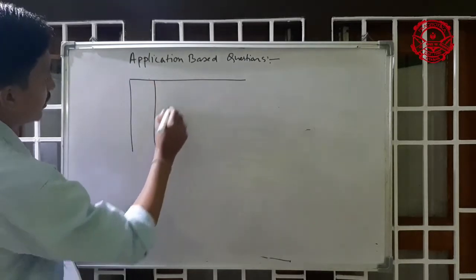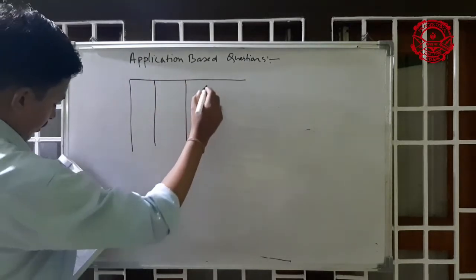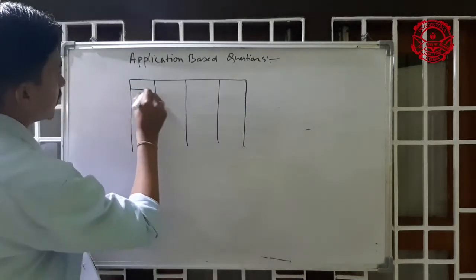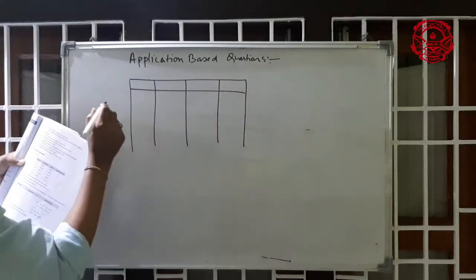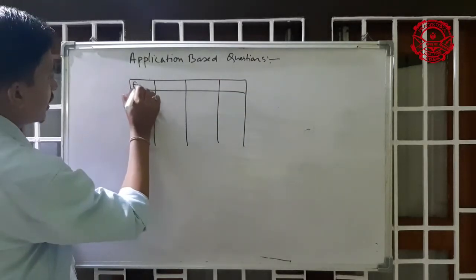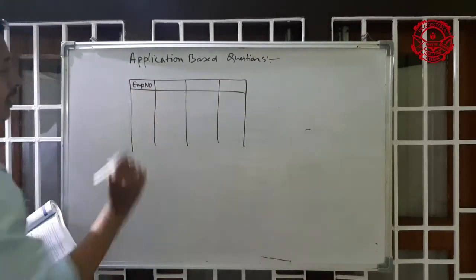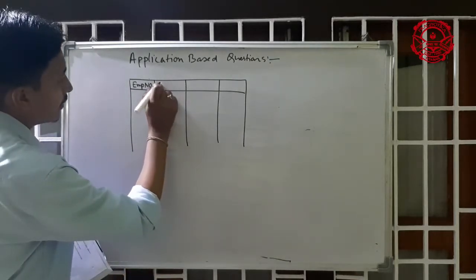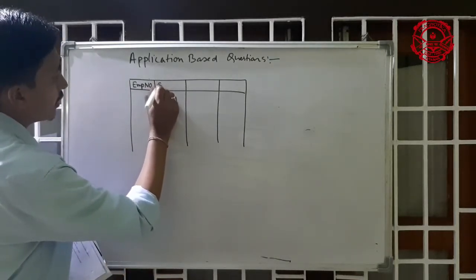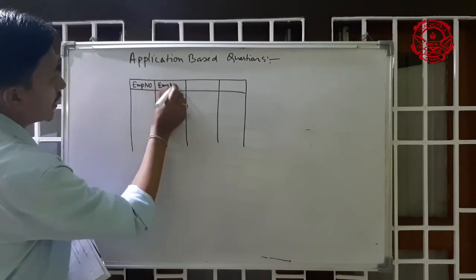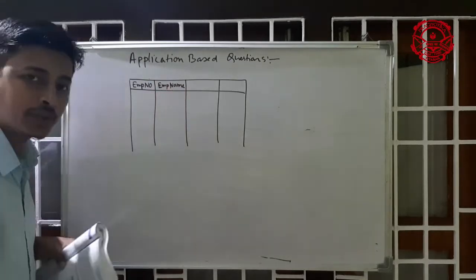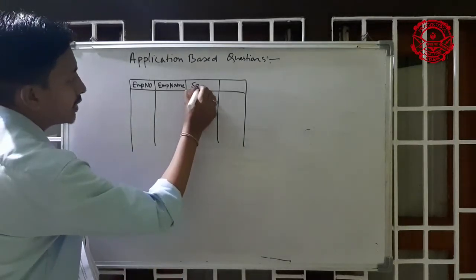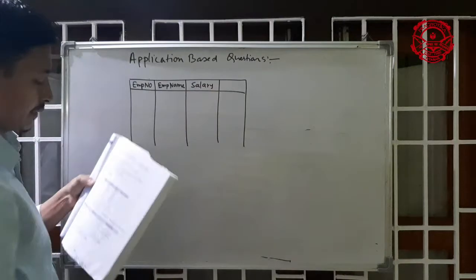There are 4 fields. First field name is EMP number. Second field is EMP name. Very important. Next is salary.